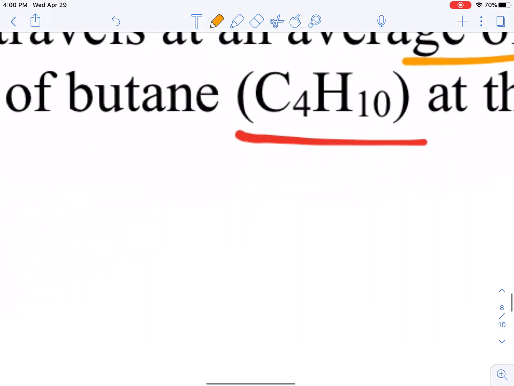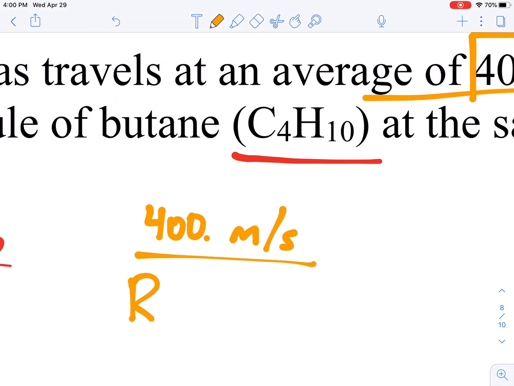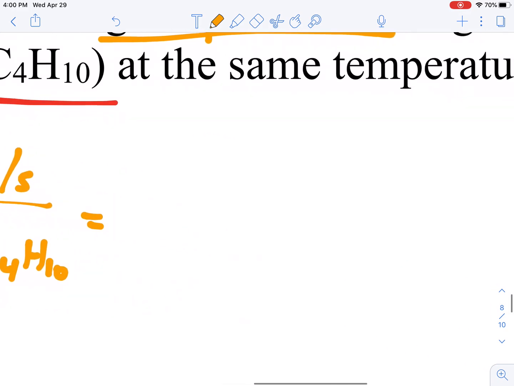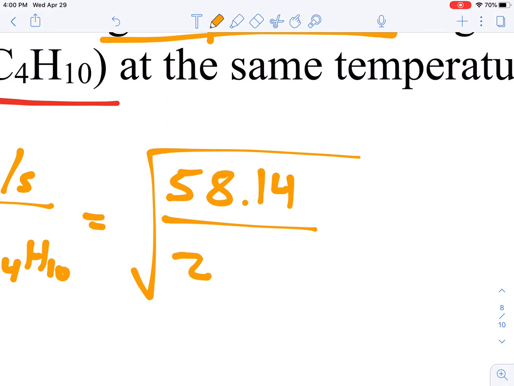So we can fill in here that the rate of neon is 400 meters per second over the rate of butane, which is what we're trying to find, so that's C4H10, is equal to the square root of their molar masses, but flipped. So the molar mass of butane goes on top. That happens to be 58.14 grams per mole when you do 4 carbons and 10 hydrogens. For neon, it has a molar mass of 20.18.